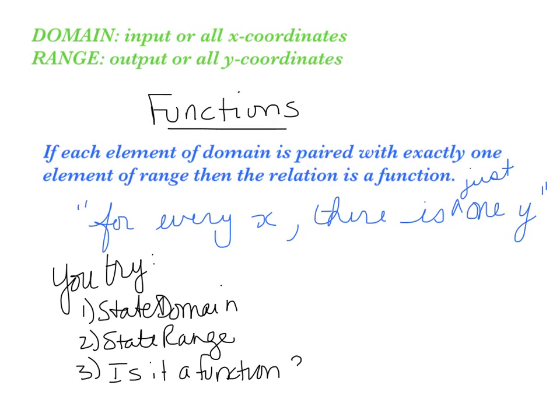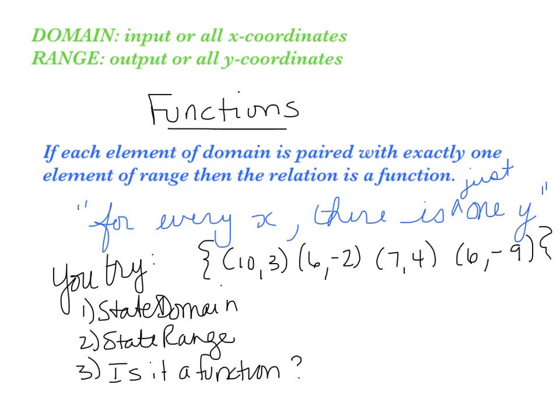Okay. So here's the relation I'm going to give you. I'm going to use ordered pairs. (10, 3), (6, -2), (7, 4), and (6, -9). Okay, so those are my 4 ordered pairs in this relation.